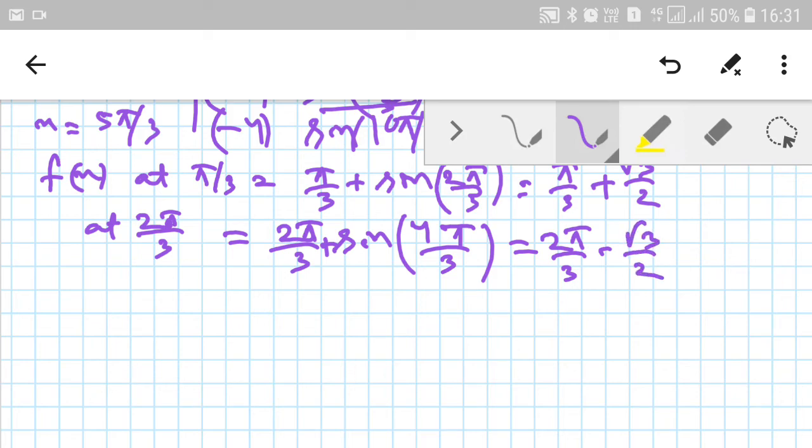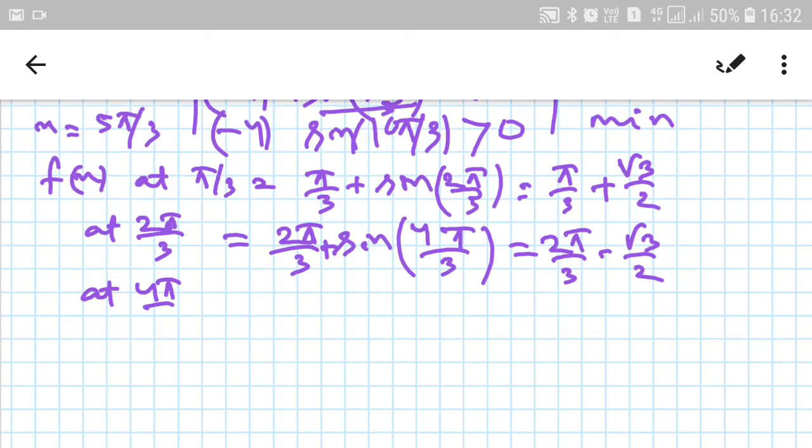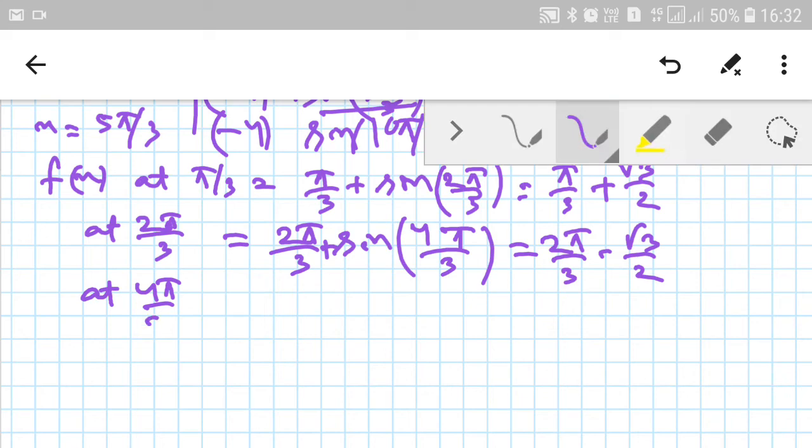Now next it is at 4 pi by 3. Yes, it is at 4 pi by 3. It will be 4 pi by 3 plus sine, again this will be 8 pi by 3.